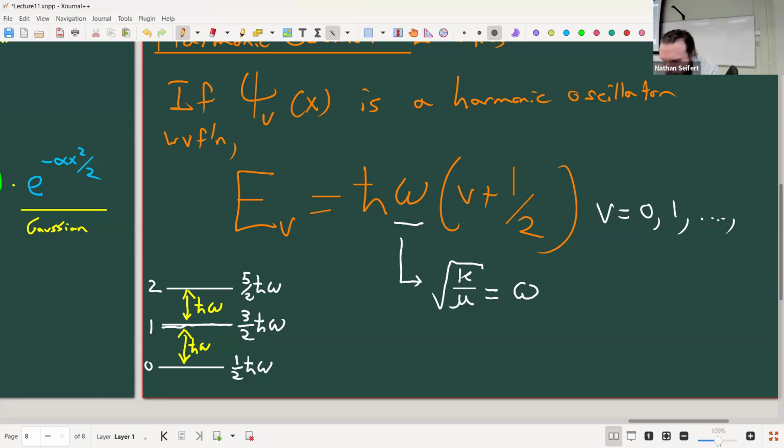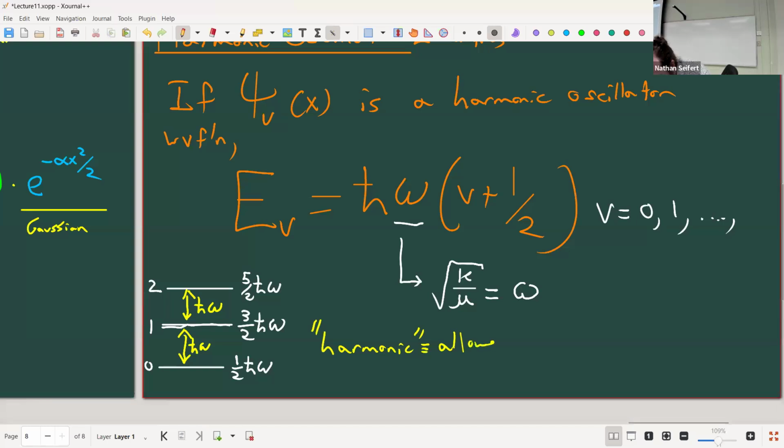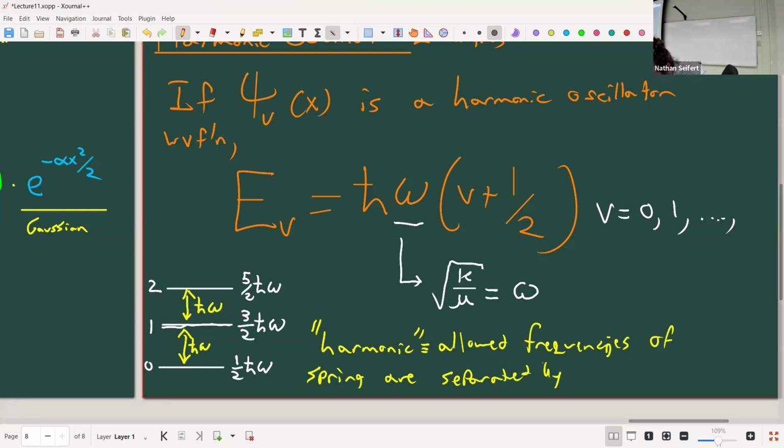So that's what we mean by harmonic, in the same sense as in audio or acoustics. They're all equally spaced.